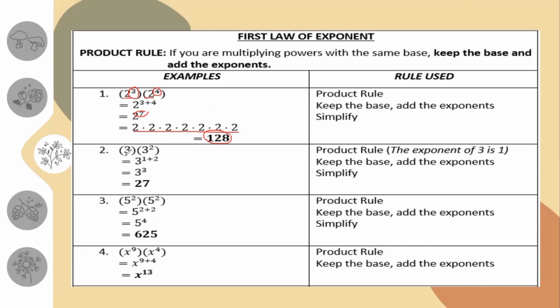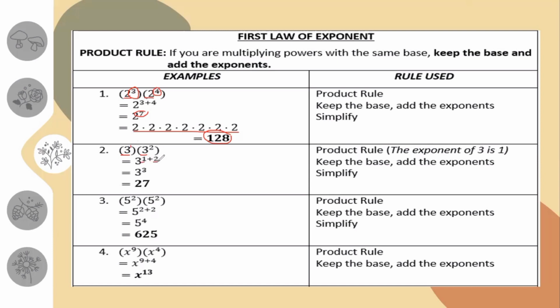Next example. Number 2. 3 times the quantity 3 raised to 2. Our base here is 3. Okay? Kapag wala kayong nakitang exponent, ibig sabihin, it's considered as 1. Kaya kung makikita ninyo dito, meron tayong 1 plus 2.